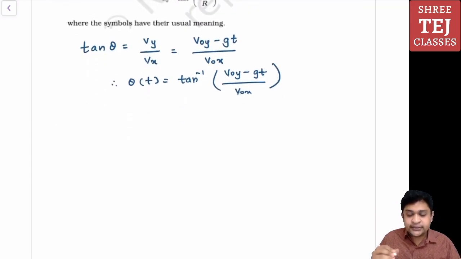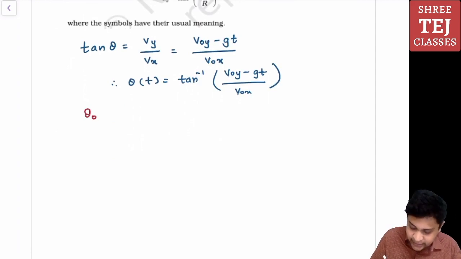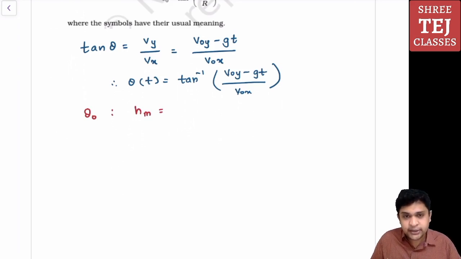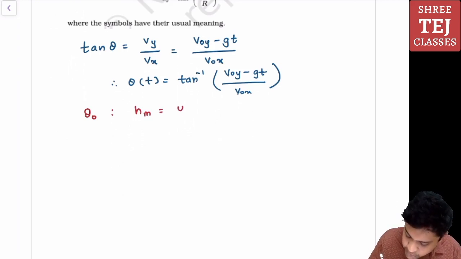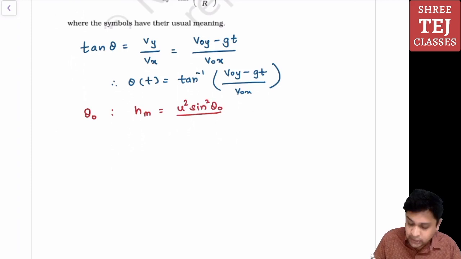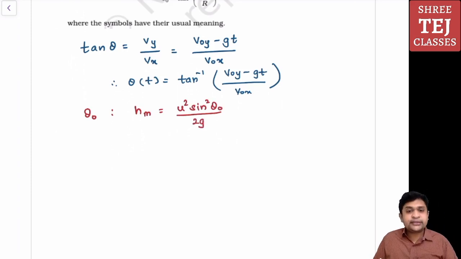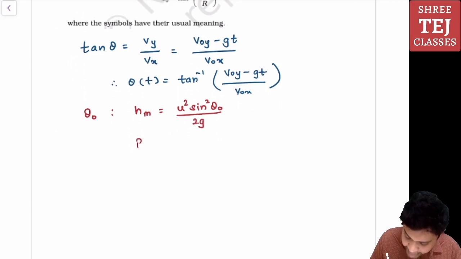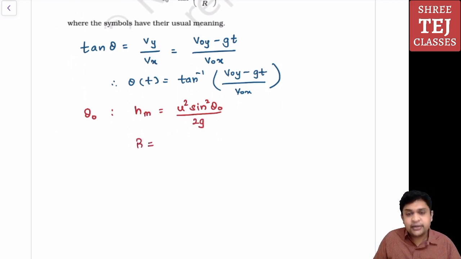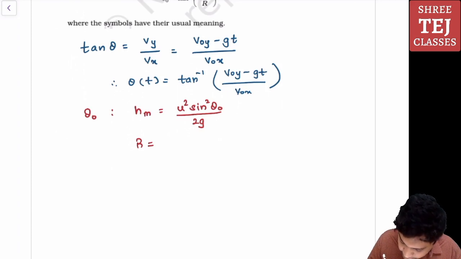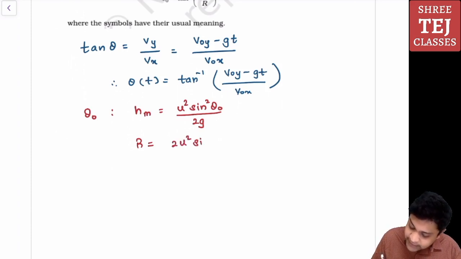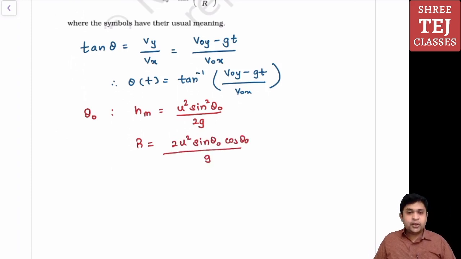Now if theta naught is the initial angle, we can write h max to be u square sine square theta naught upon 2g, and we can write range R as 2u square sine theta naught cos theta naught upon g.